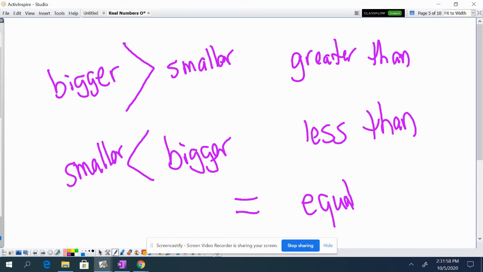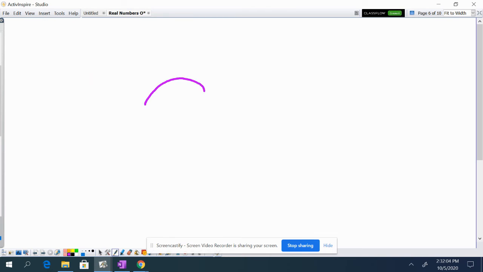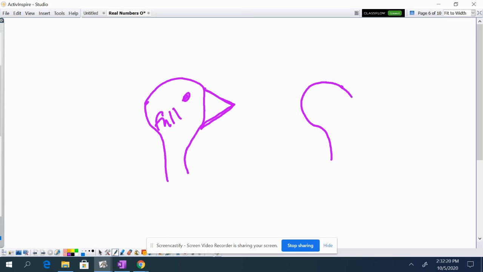So you've heard it like a bird. Have you seen the bird? My beautiful picture of a bird. If the beak is closed, they're full. If the beak is open, they're hungry.